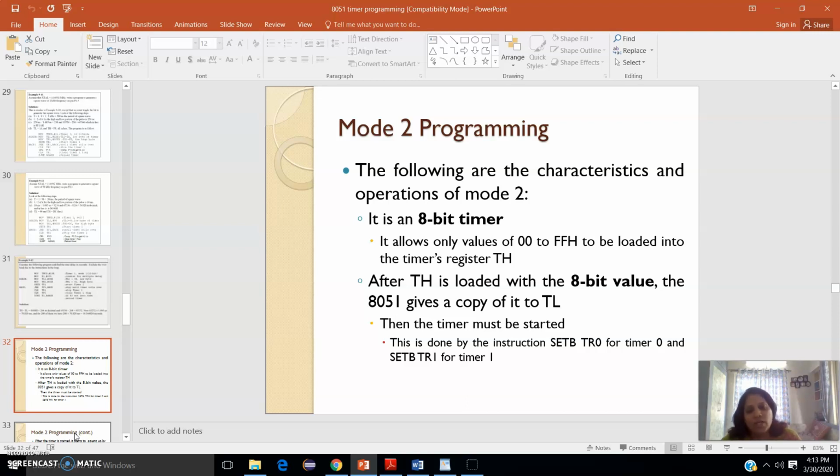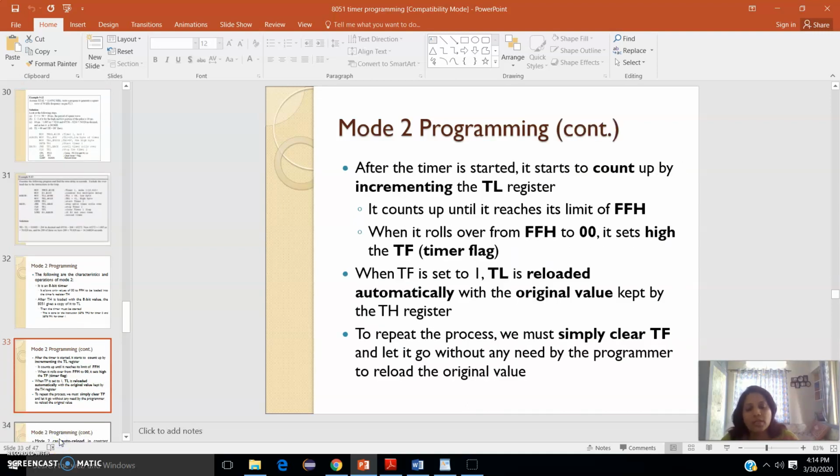Whatever value we load into the TH register, the 8051 gives that value to the TL register and your timer is started. After starting, it reaches the maximum value FFH.